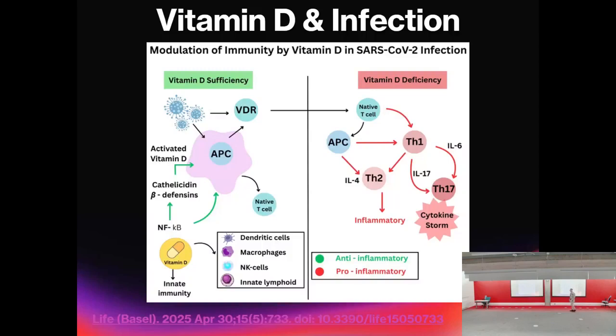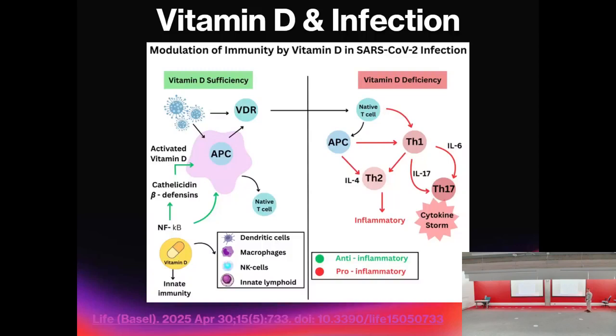Vitamin D, in a sufficient term, when you've got enough vitamin D, allows the proper activation of the innate immune system. So it allows your antigen presenting cells, that's what an APC is, to go out and to interact with microbes which are potentially harmful, and then your body's own white blood cells.